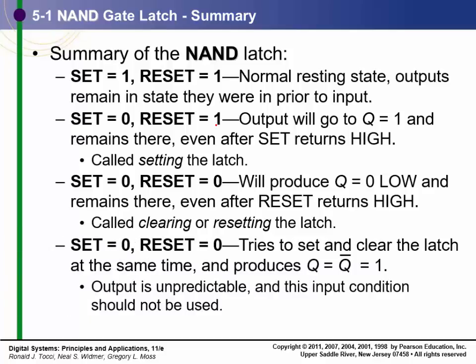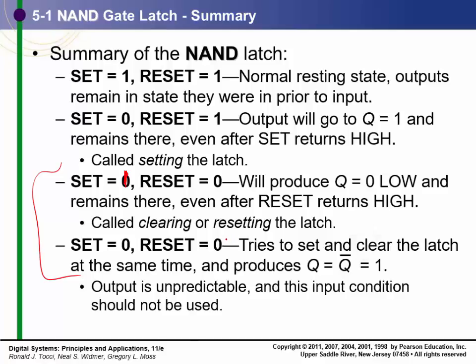No, this discussion is trying to make the point that this is a mistake here. This should be a 1 here. That's a mistake on the slide. If set is 1 and reset is 0, Q will go low and remain there even after reset returns high.